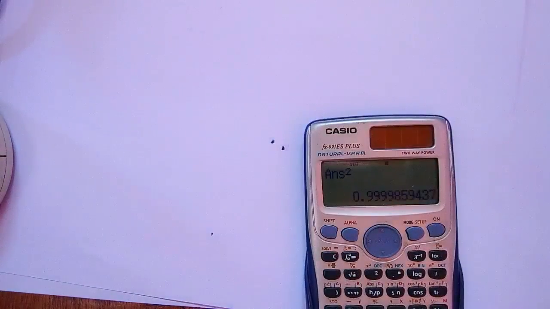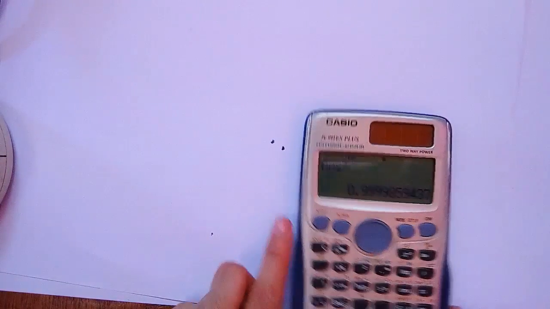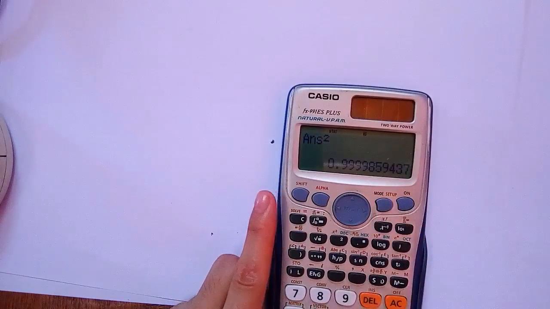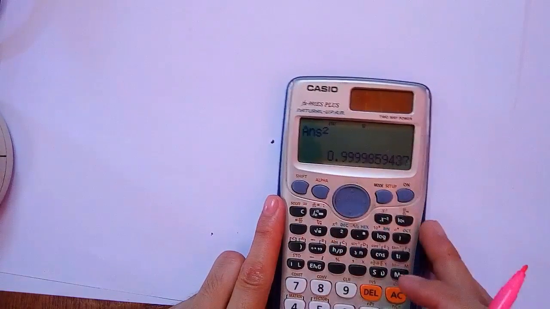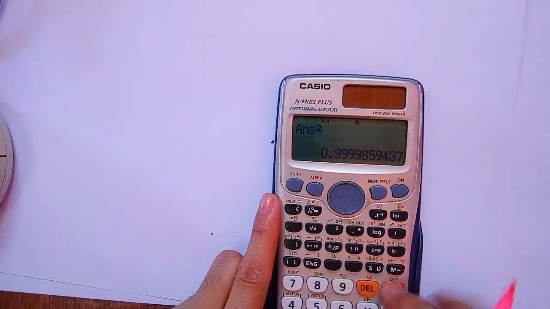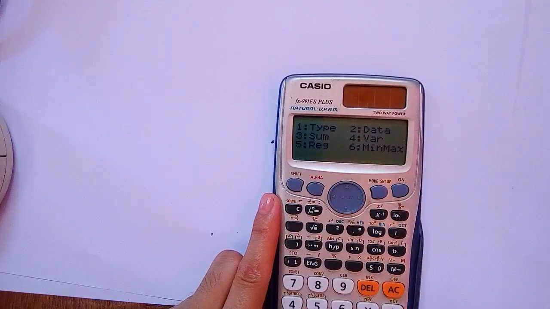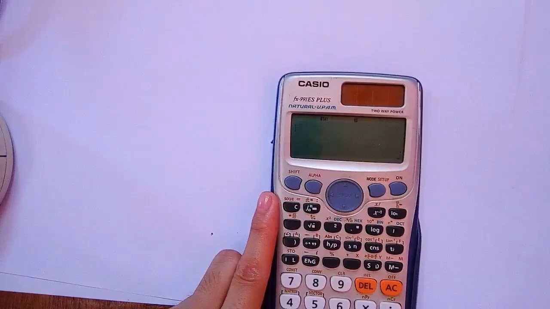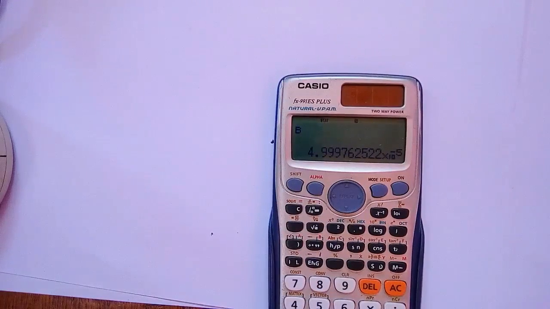Solving for our m, which is k over RT, we have 4.999762522 times 10 to the negative 5.